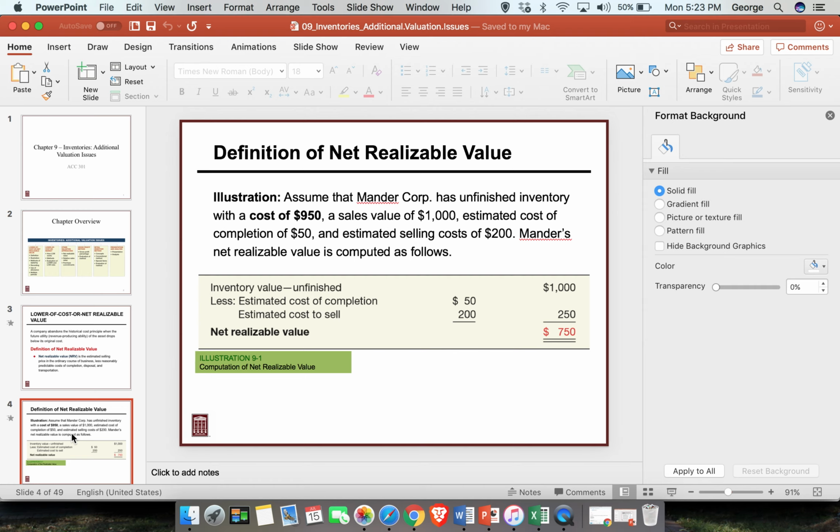We've got the inventory value of $1,000, but it's unfinished, so we have to complete it. That would cost $50, and we have selling costs of $200. So we'll subtract those out, and our net realizable value, what we get after finishing it up and selling it off, is $750.